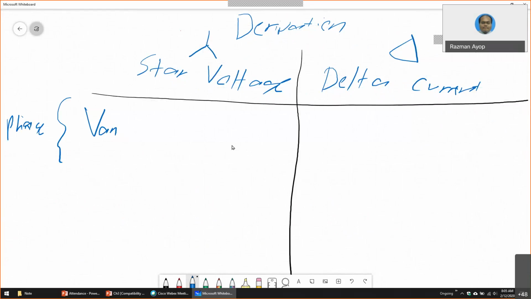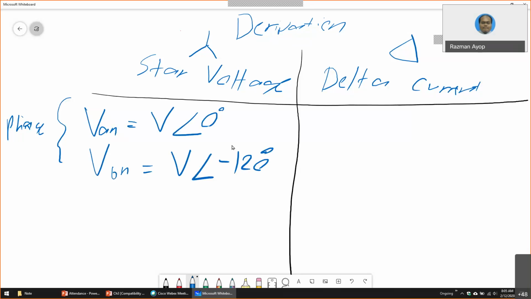VAN equals to V angle 0 degree, VBN equals to V angle negative 120 degree. Positive sequence, make sure you use the B one, and use the phase.